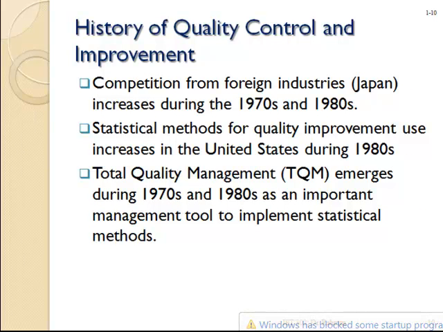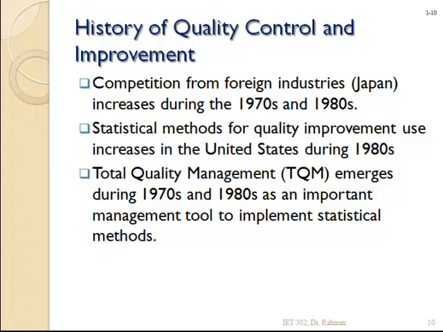And after that, around the 1970s and 80s, some of the foreign industries took on quality control as a challenge and dramatically increased the quality of their products. One of the prime examples is Japan and its products.